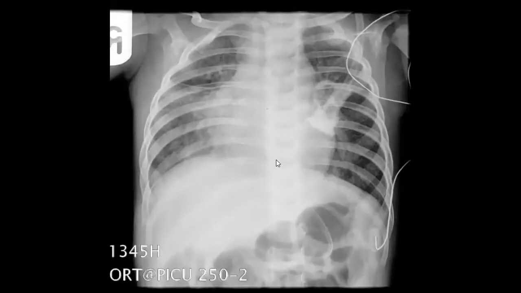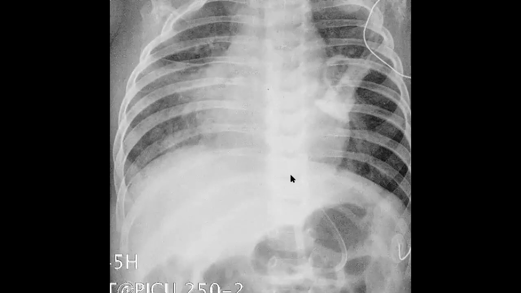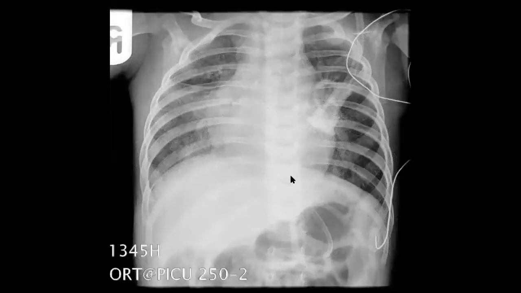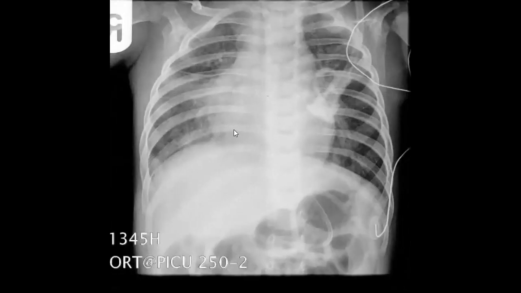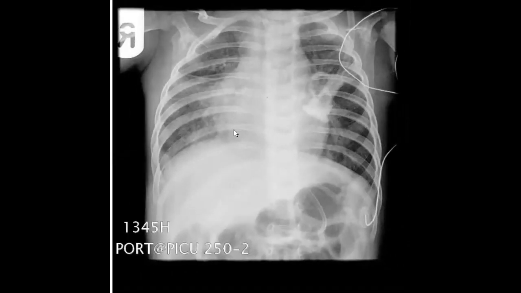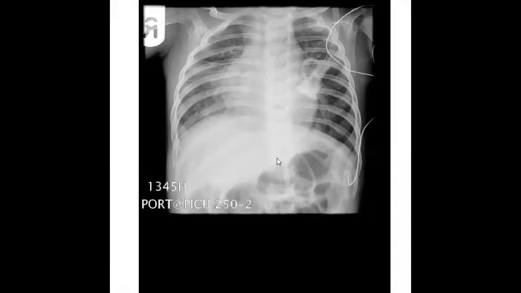And if you go to the right side, what do you think about the right side here? There is silhouetting opacity along the right side, para-retrocardiac. So possibly this one is in the right middle lobe. So there is a pneumonia in the right middle lobe in this patient.